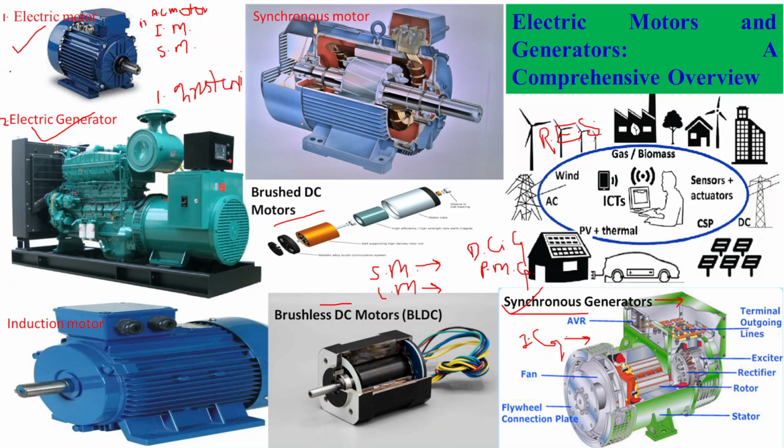Ongoing research and development efforts focus on improving the efficiency and performance of electric motors and generators through advanced materials, design optimization, and innovative control strategies. High speed motors and generators help reduce energy consumption, lower operating cost, and minimize environmental impacts.